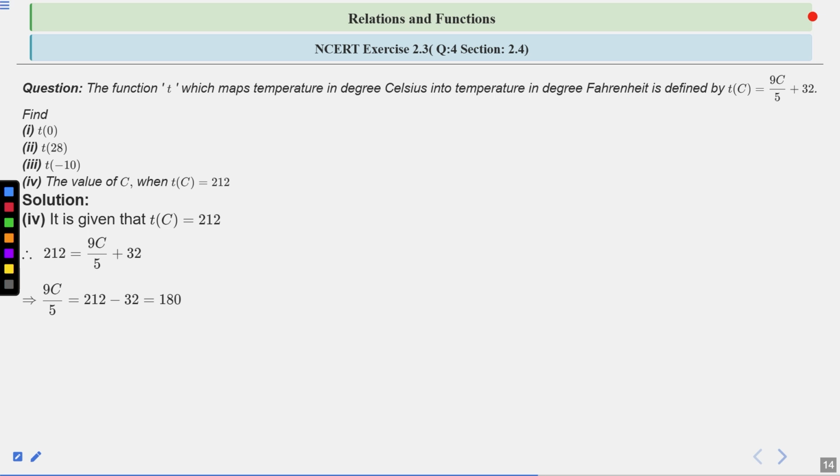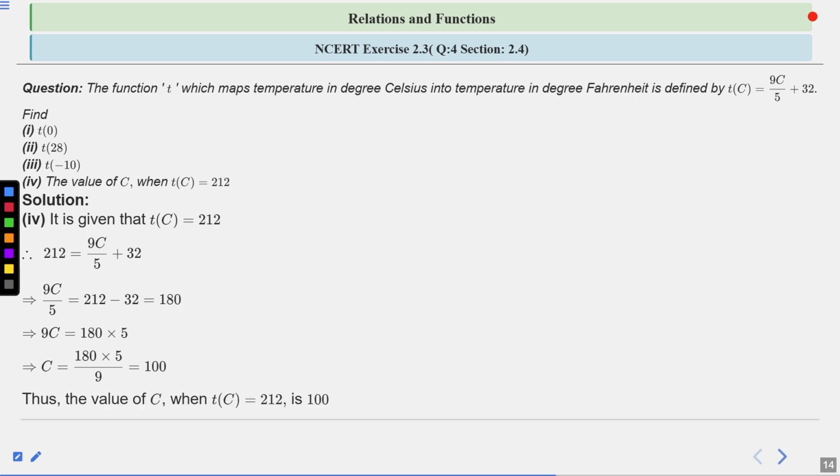You will get 9c by 5 is equal to 180, which gives me 9c is equal to 180 times 5, which means c is going to be 100. So for 100 degree Celsius temperature, you will get your 212 degree Fahrenheit temperature.